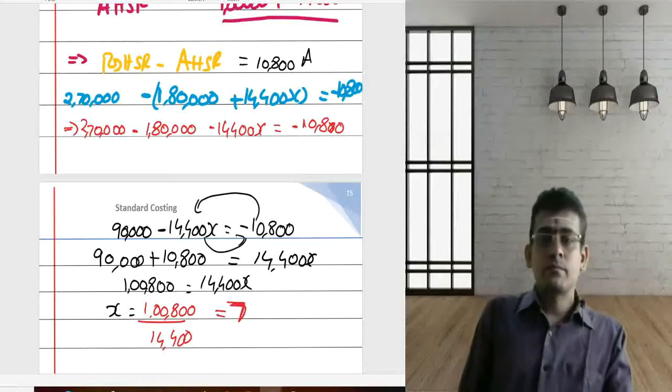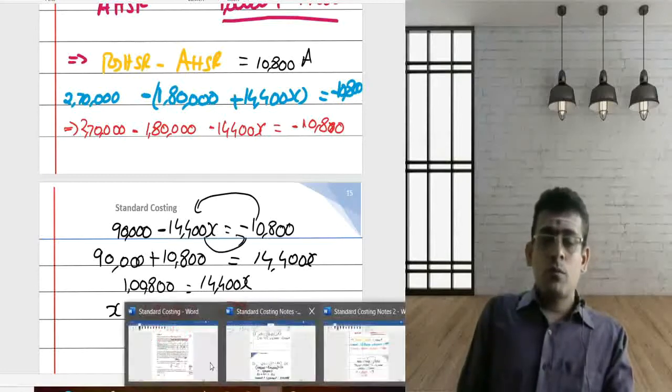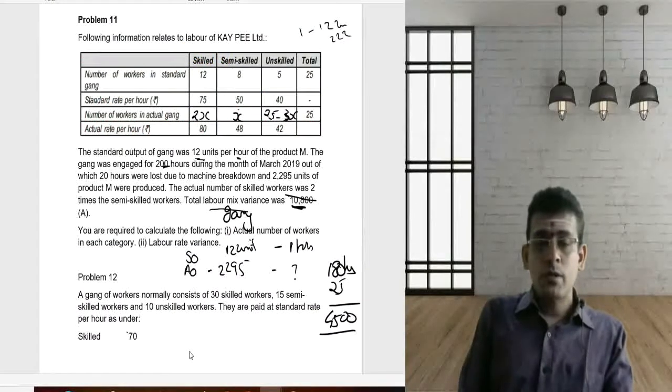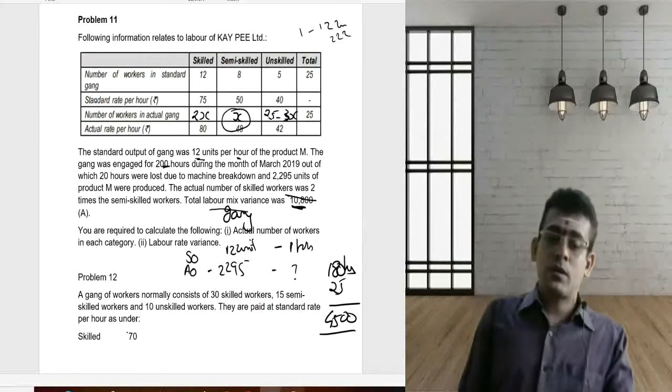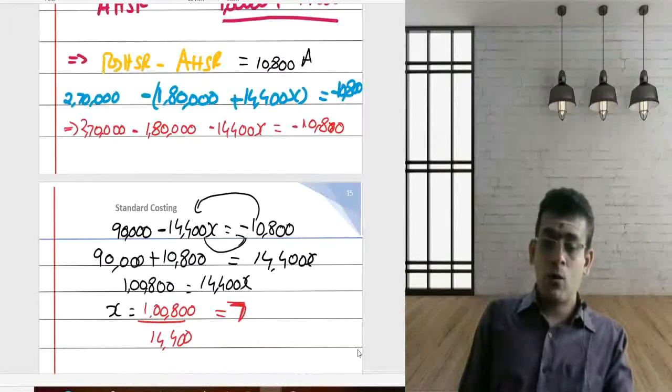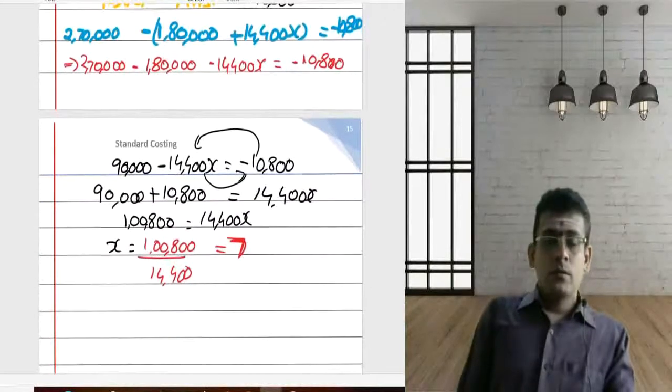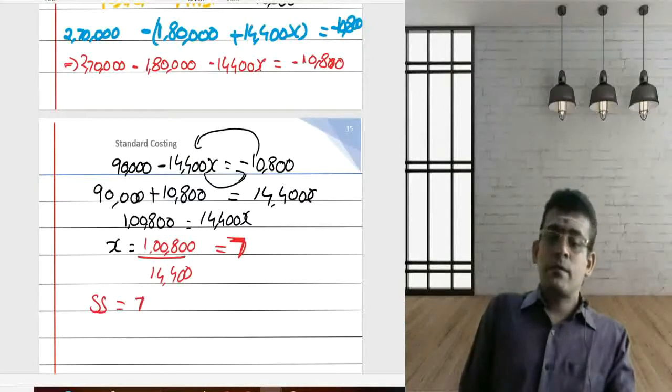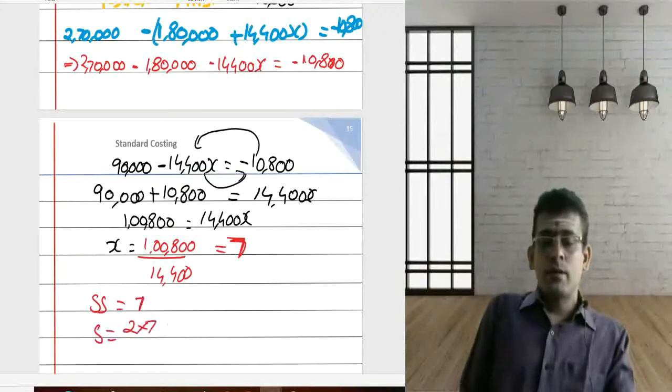What is x? If you go to the problem, here we had assumed x to be the number of semi-skilled workers. Now ultimately I got my first answer. Semi-skilled is equal to 7. Then what is the skilled? 2x, so 2 into 7. My skilled workers are going to be 14.